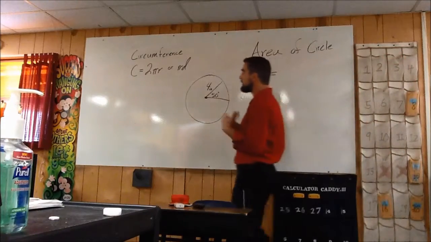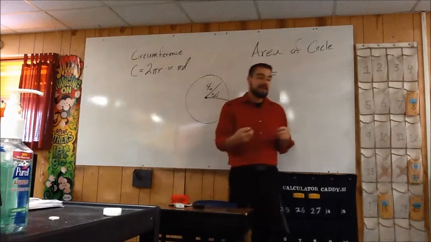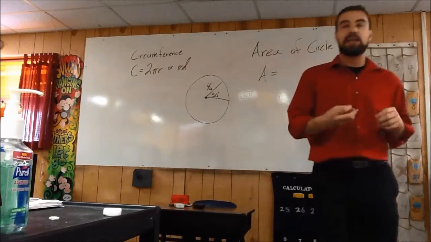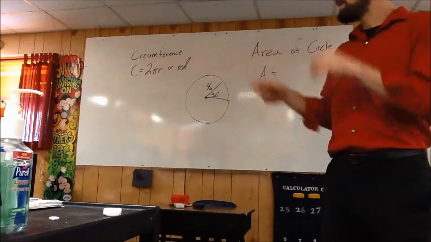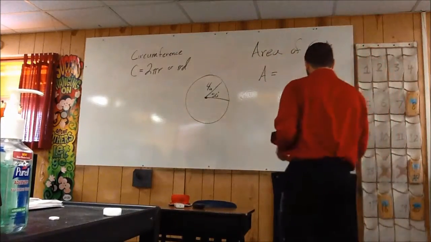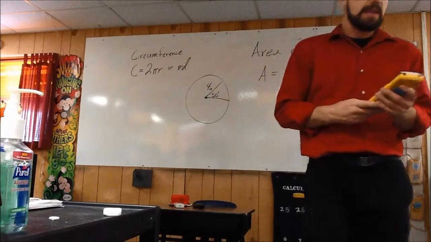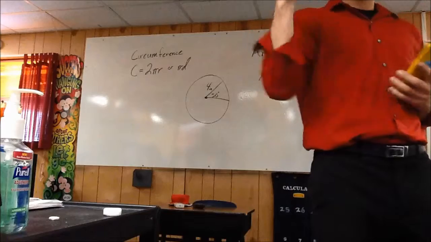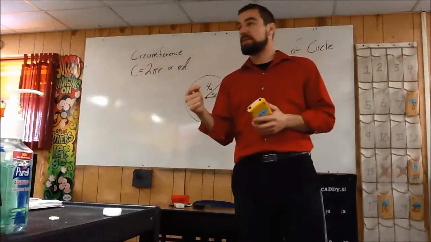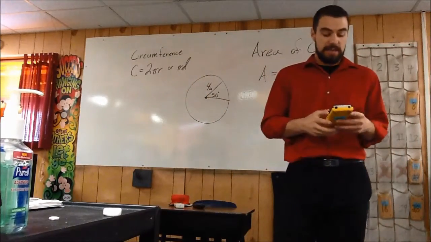Instead, we're going to use our calculator, because the calculator has a much more accurate approximation of pi. If you look at the button underneath clear, that button's secondary function is that symbol pi.